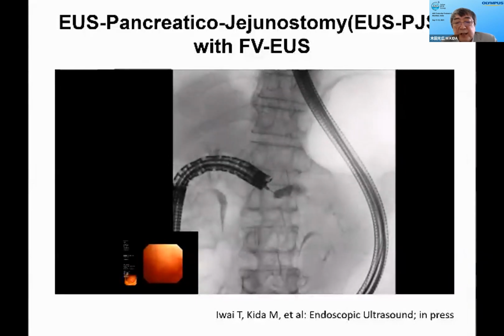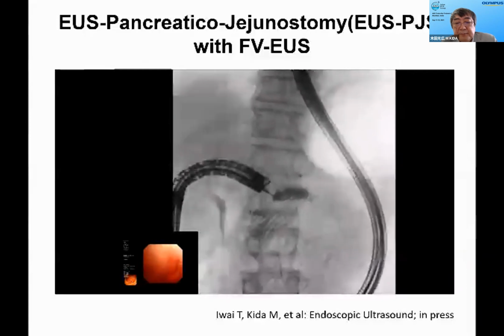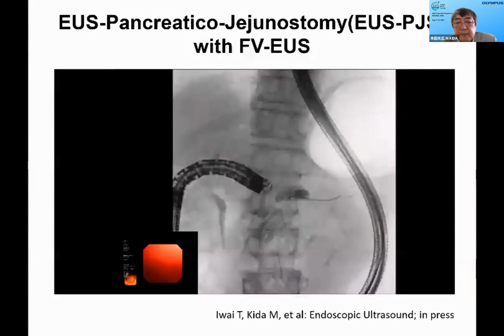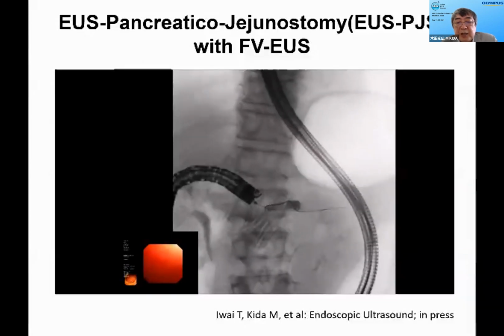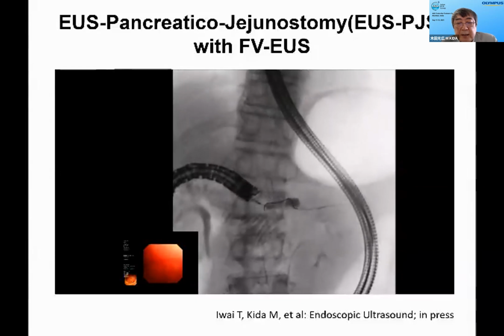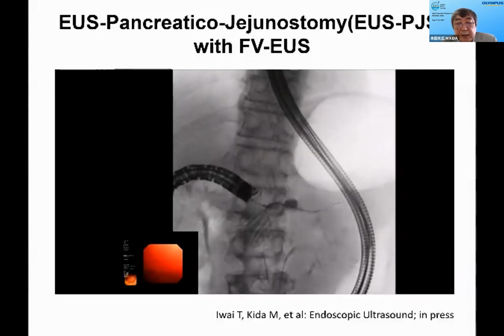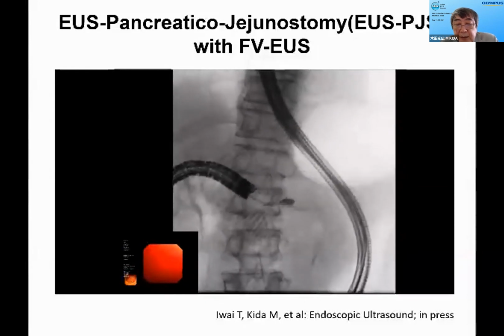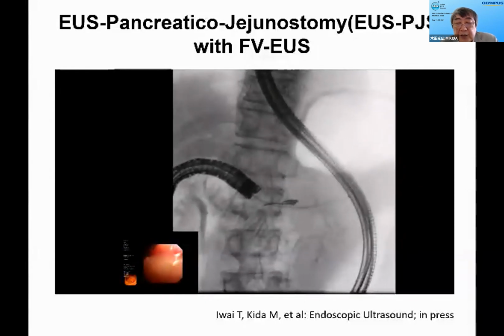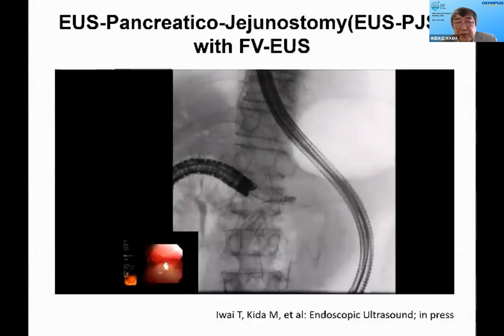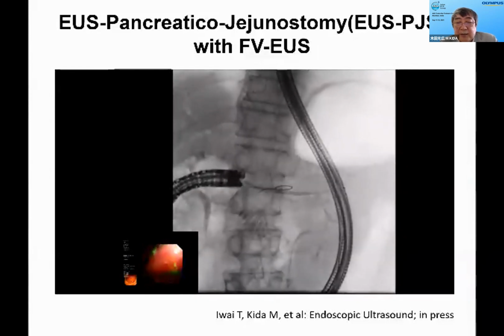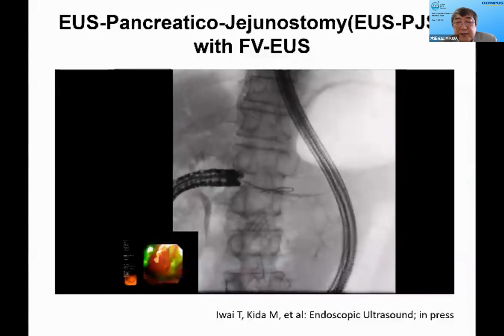Then fill the contrast. Insert the guide wire into the MPD. After that, we insert the catheter and also the dilator, Fine 025.